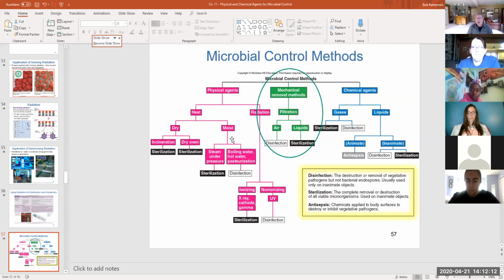It's interesting to note that many of these do result in sterilization of the material, whether it's an inoculating loop or a medium or a surface, but others are not designed as sterilizers. They may be designed as disinfectants.